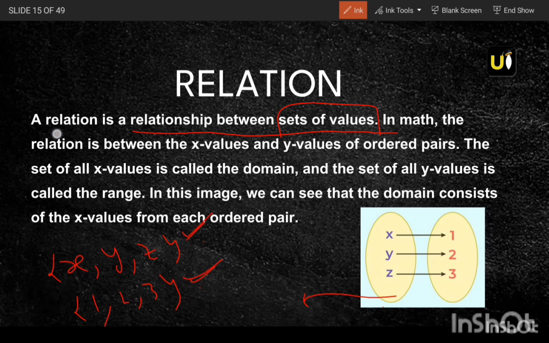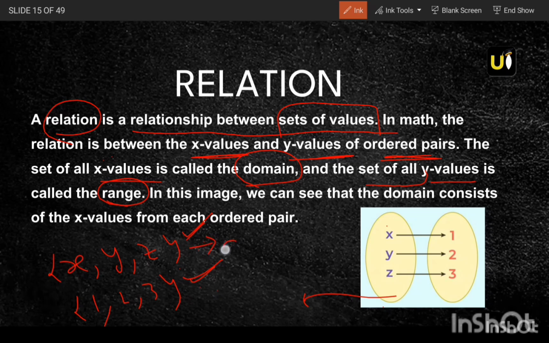The relationship between these two sets is defined as a relation. In mathematics, a relation is between x values and y values of ordered pairs. The set of x values is the domain. The set of y values is considered the range. So here the relation is between the x, y, z set and the 1, 2, 3 set.